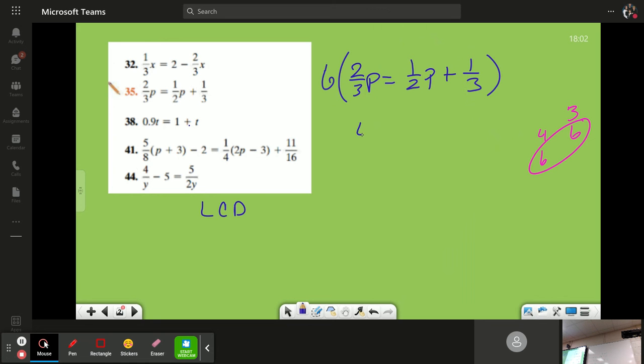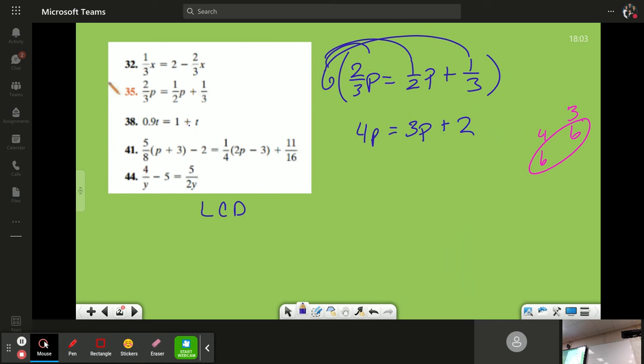So I have 4p. 2/3 p is gone. It's now 4p. Okay. 6 times 1 divided by 2. 6 times 1 divided by 3.